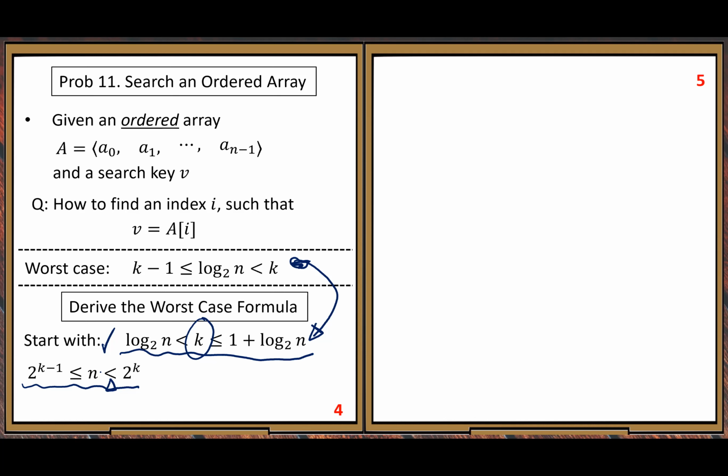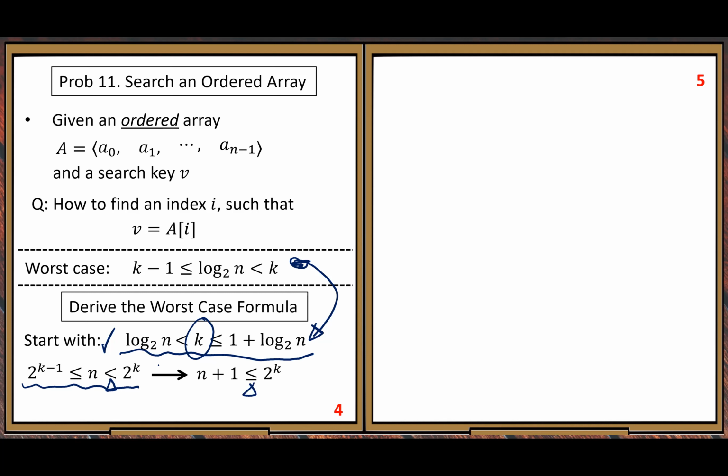We want to tighten this inequality, make this inequality stronger. How to tighten it? Because this part is strictly less than, that means if we add 1 to n, then we can make this equal sign. How about that?